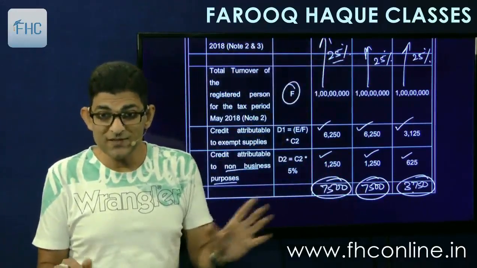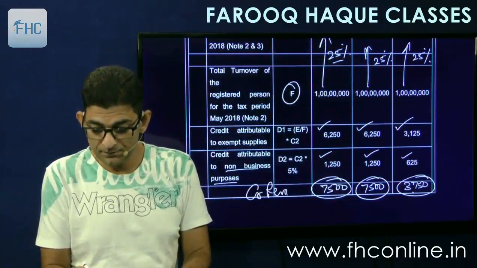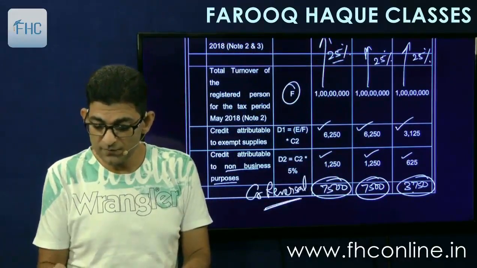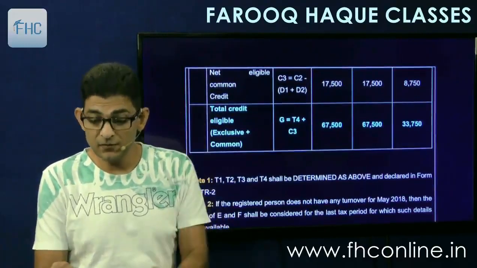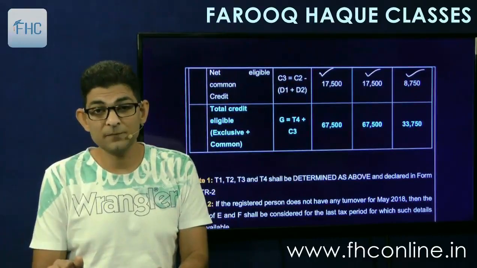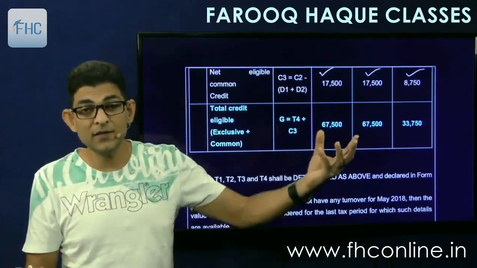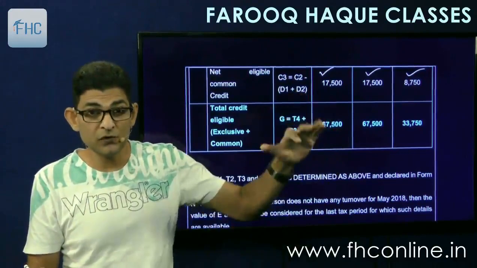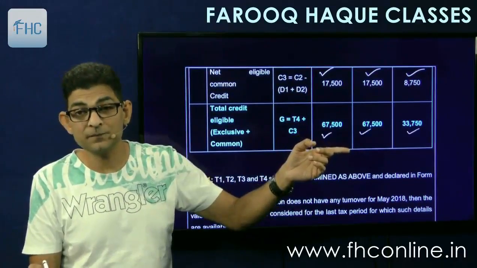If you deduct these, this is credit reversal. So if I reverse this, then the net credit will be 17,500, 17,500 and 8,750. So this is the eligible common credit. And then if I add that T4 full credit, that will give me 67,500, 67,500, 33,750.